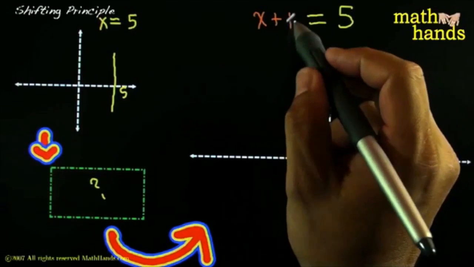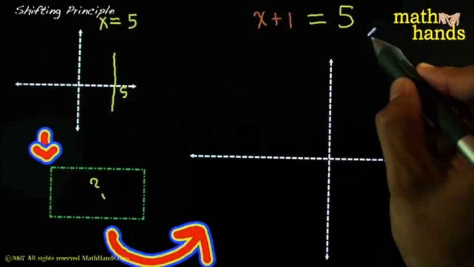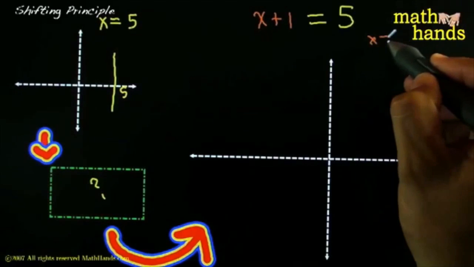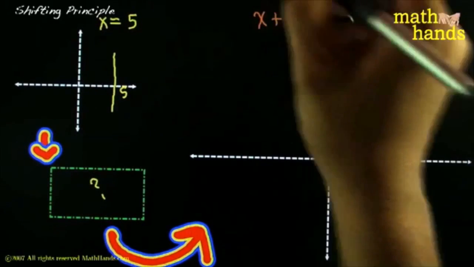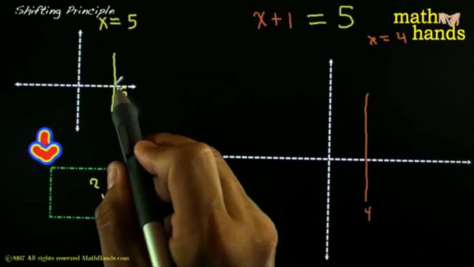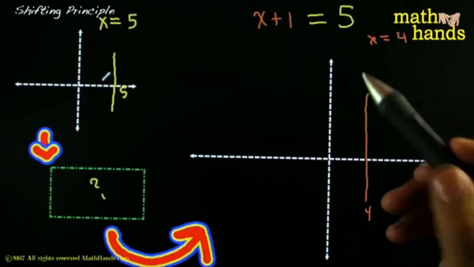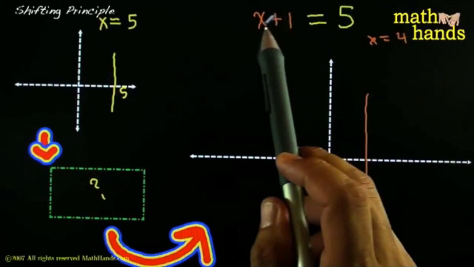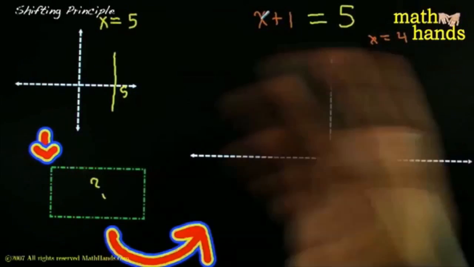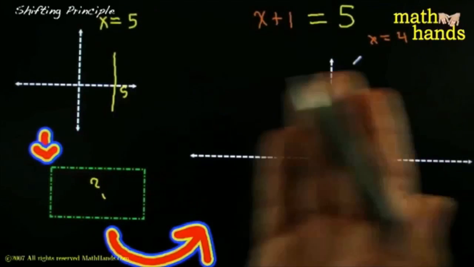So what we could do is rewrite the equation as x is equal to 4. Now that we know what it is, it's almost the same as that one, except it's been shifted to the left one. That gives you a hint. If you replace x with x plus 1, first of all, this is a horizontal modification, so you'd expect some sort of horizontal move.